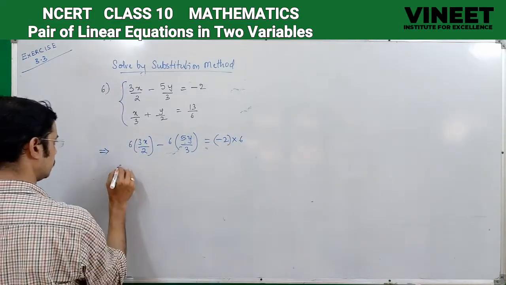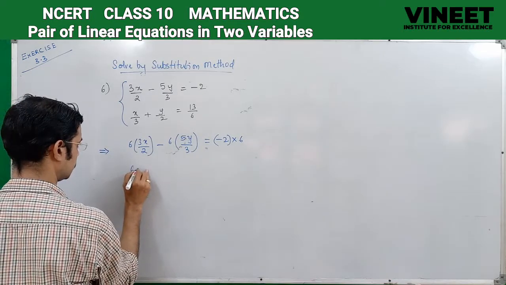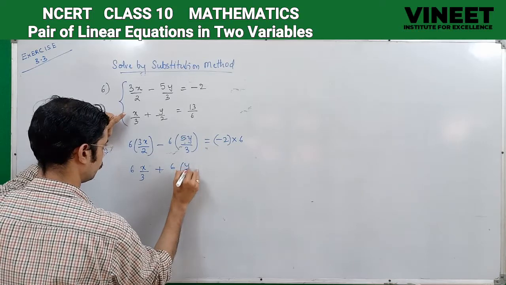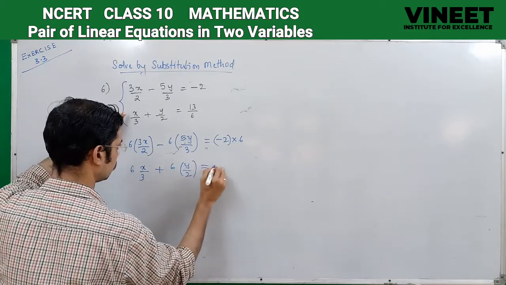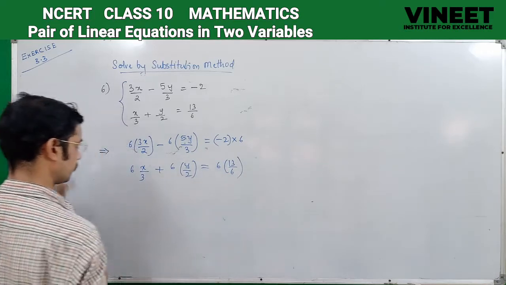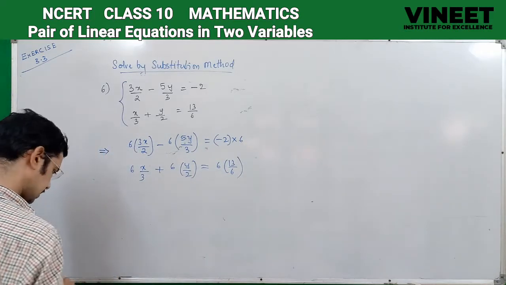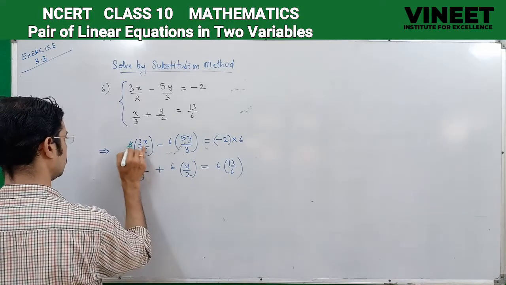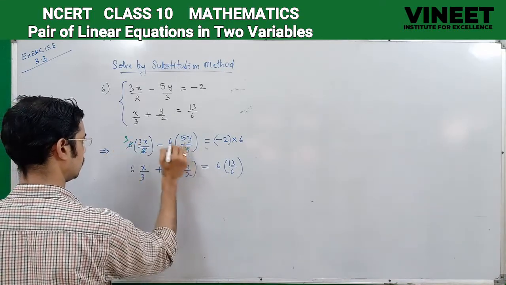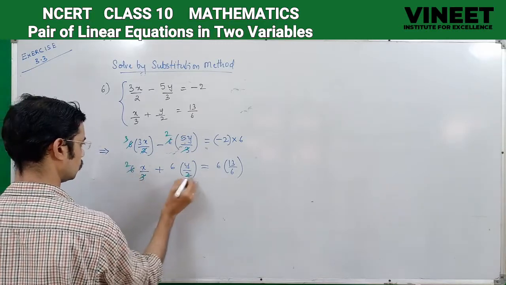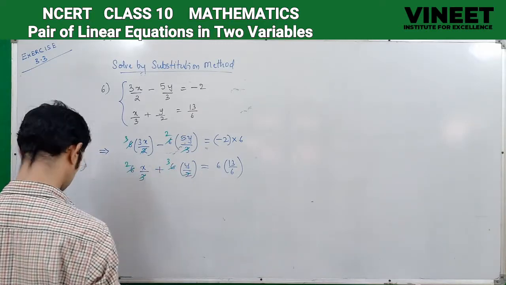And 6 into x by 3 plus 6 into y by 2 equal to 6 into 13 by 6. Now we can cancel these numbers: 2 into 3 is 6, 3 into 2 is 6.